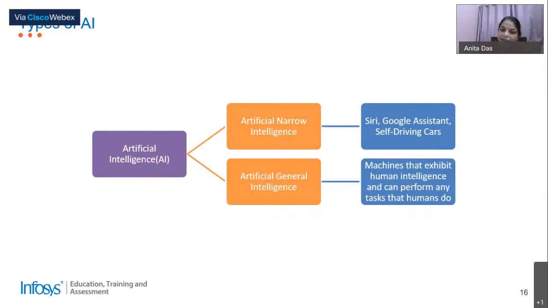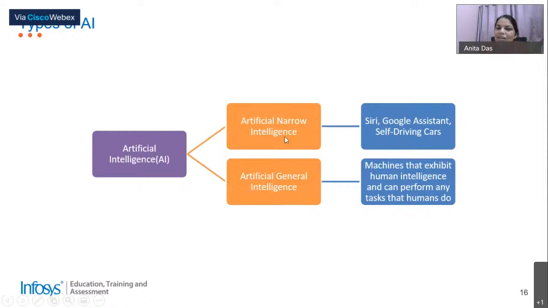And general intelligence is about machines that exhibit human intelligence and can perform anything that humans do. That kind of intelligence is called artificial general intelligence, and we are on the way to achieving it. Till now, we are yet to reach this part.